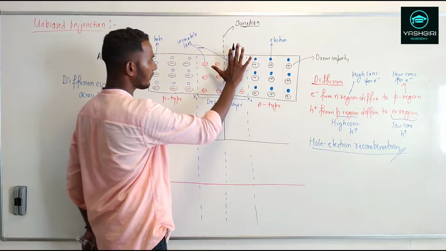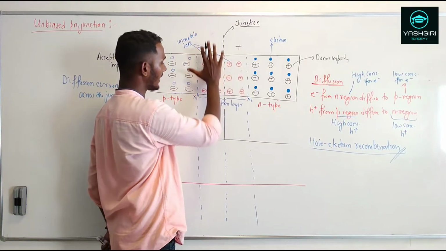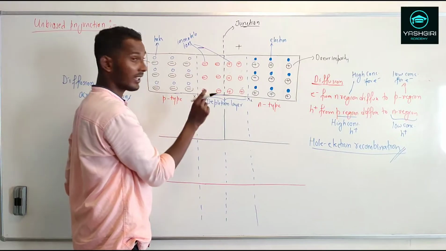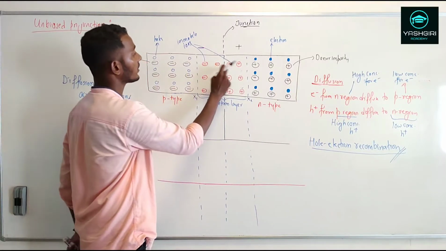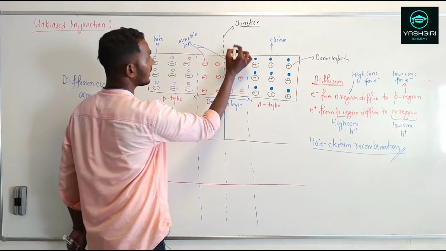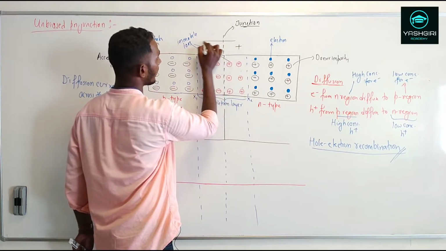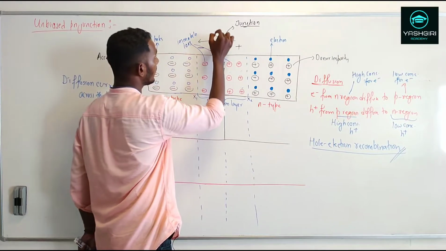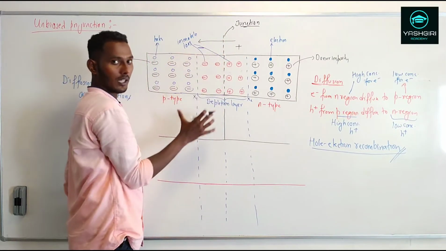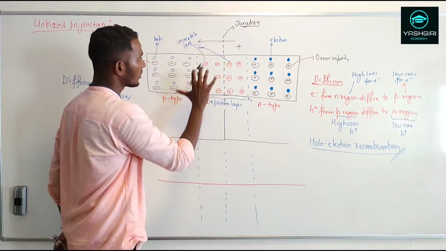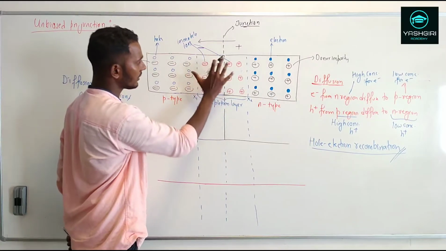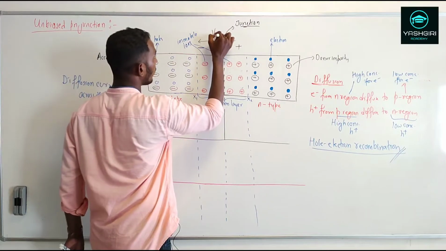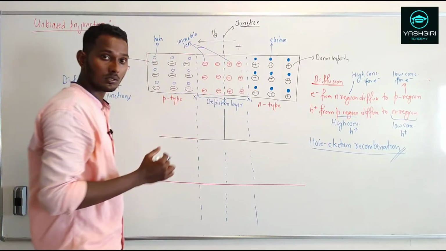Now accumulation of the positive charges on the N side and the negative charges on the P side will create a potential difference across this junction. The direction will be from higher potential to lower potential, which will act like a barrier. So we can call this potential difference across the junction a barrier potential, and let me use the symbol VB to denote this barrier potential.